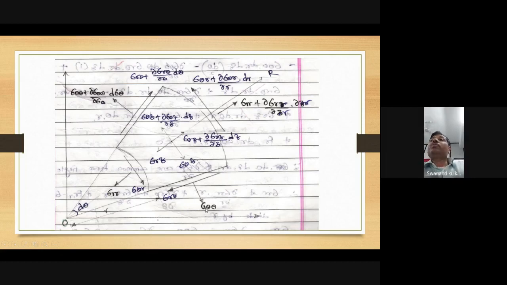Is it okay? So we are now resolving this sigma theta theta along this R direction. For this sigma theta theta, there will be two components, one will be cosine and another will be sine. Cosine means with this d theta by 2, and sine means in the perpendicular direction to that.